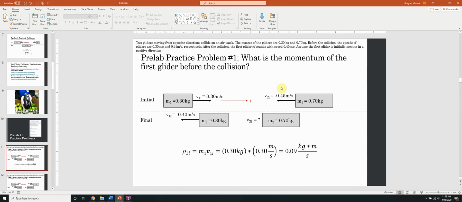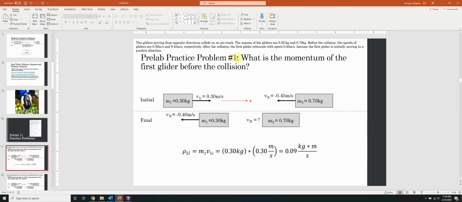So that means anything going to the left is going to be negative. So V2 initial and V1 final, right? Because they say it rebounds, so it's going to change direction. So now it's moving in the negative direction. However, I didn't put anything here for V2 final because they don't tell us anything about what mass 2 is doing after the collision. We're going to have to calculate that in a later problem.